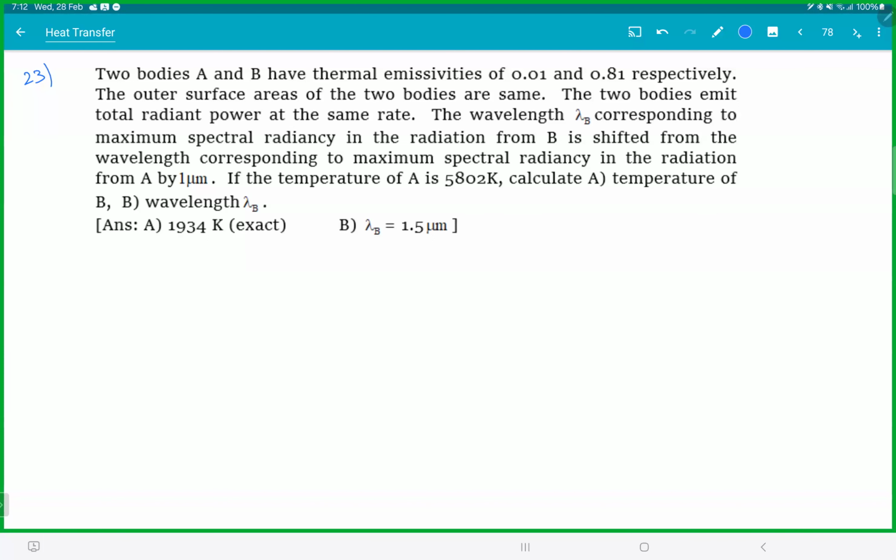Mu is micro, 10 to the minus 6. Answers are given. Try. I'll give you 2 minutes. Give it a try. Then I'll show you how to do it.